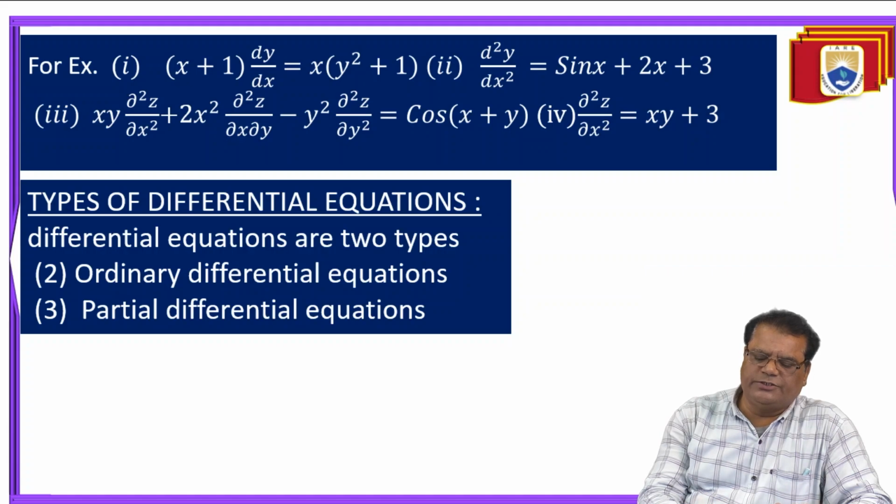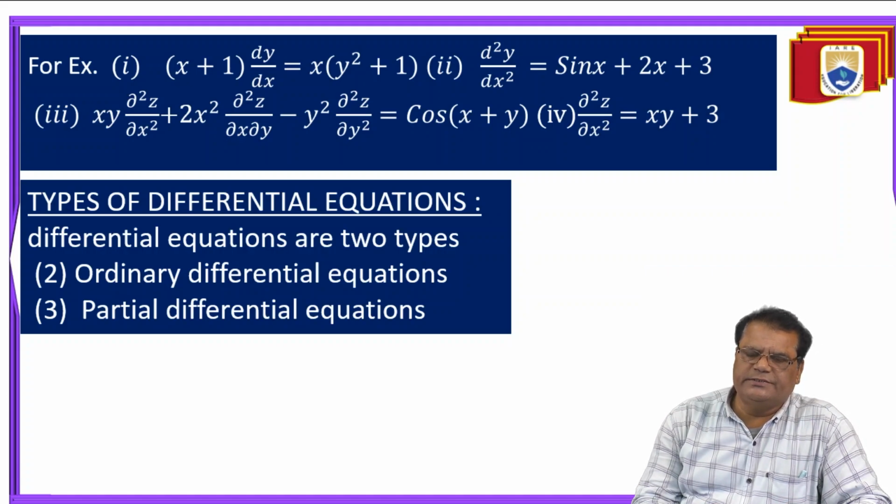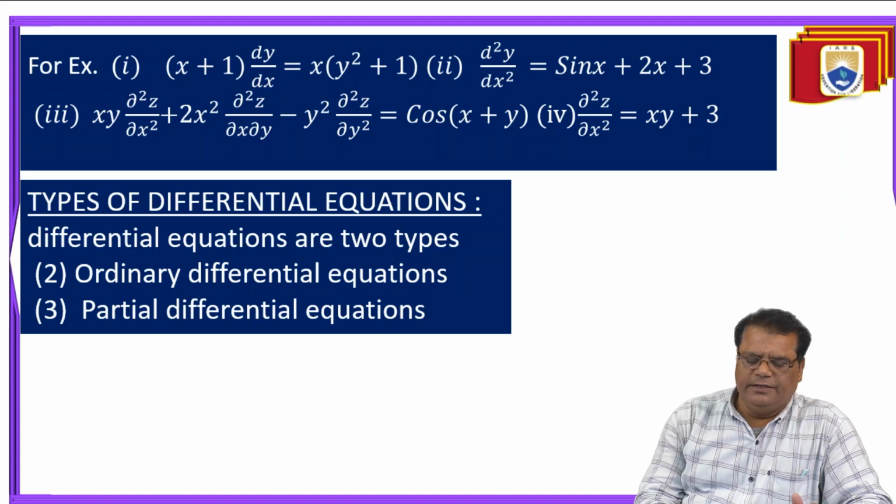This is a relation. Here there is a first differential coefficient in this relation and the variables present are x and y. So this relation is known as a differential equation. This is an example of a differential equation.